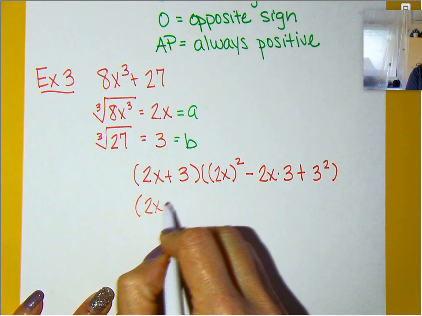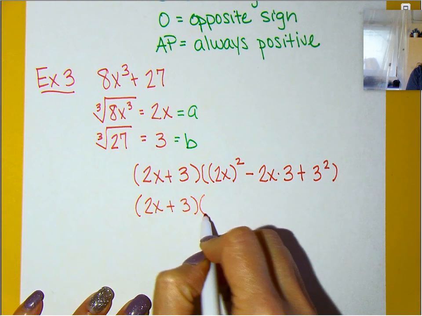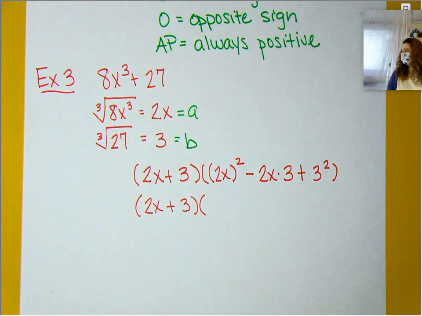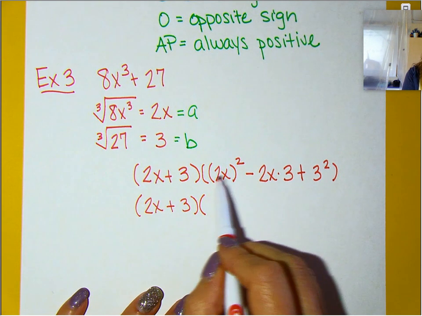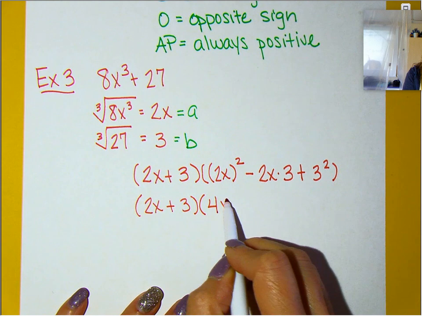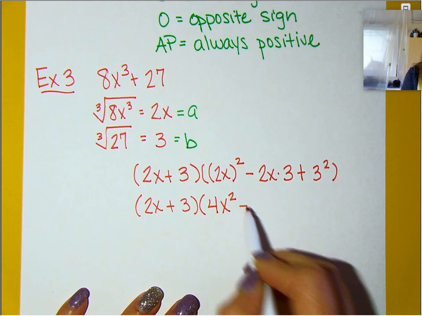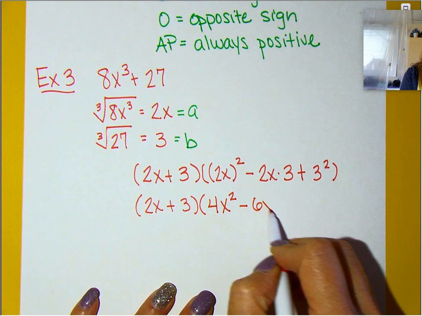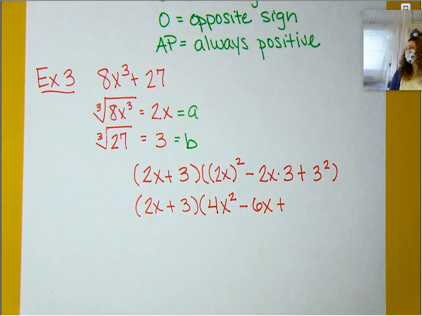So let's finish that up. What's 2x squared? Good, 4x squared, because you have to square both of them. So you have 4x squared minus 2x times 3, which is 6x. And what's 3 squared?